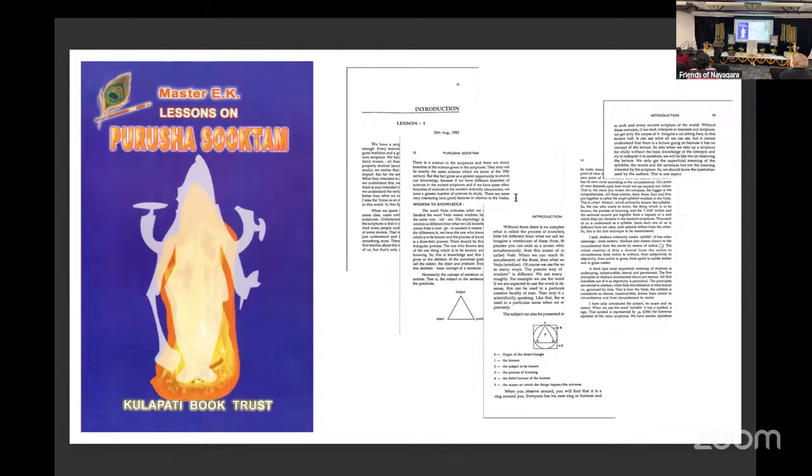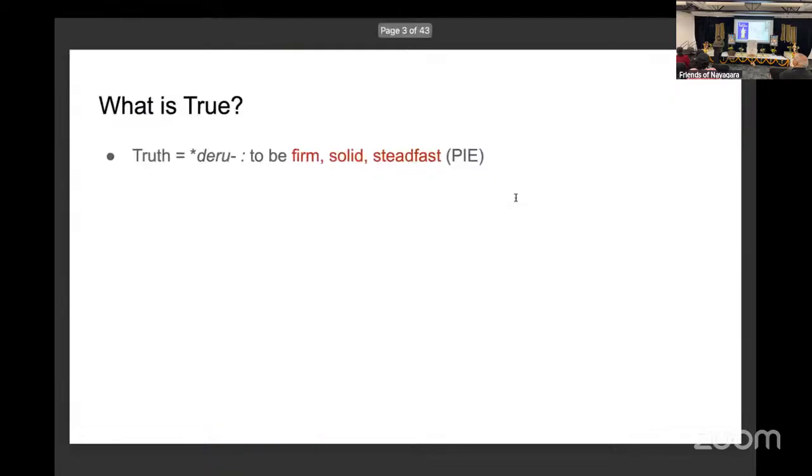Fine. So first, we'll start with a simple question. What do we mean by true? Etymologically, the word true comes from roots in lots of Proto-Indo-European languages, like deru. Usually they mean firm, solid, steadfast. For instance, the word dhruva, which means axis, comes from the same root in Sanskrit.